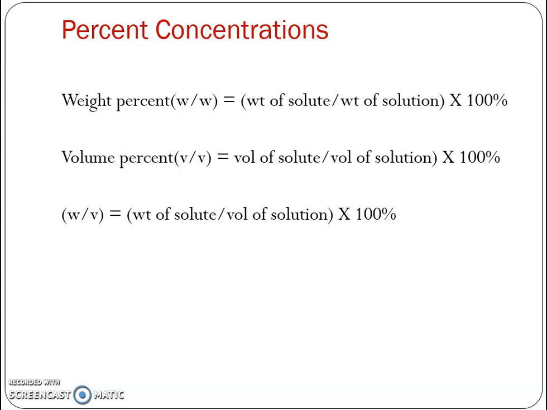The quantities can be expressed as various percent concentrations like weight by weight, volume by volume, weight by volume, etc. So weight percent is weight of solute upon weight of solution into 100. Volume percent is volume of solute upon volume of solution into 100. While weight by volume is weight of solute divided by volume of solution into 100.